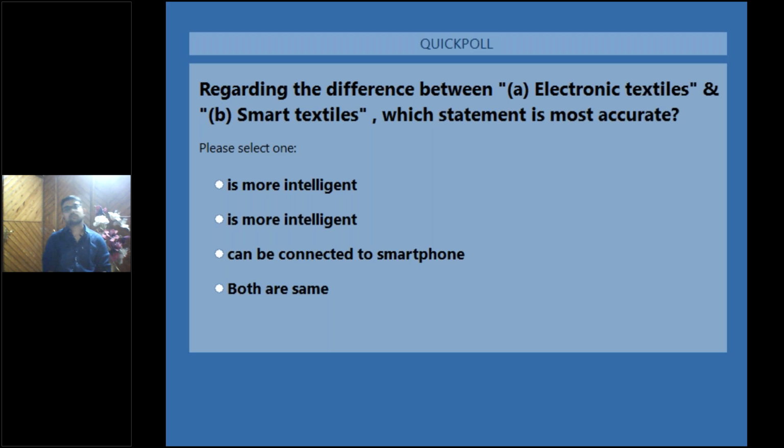Already 45 seconds and 45% voted. It has crossed 50%, reaching I think 55% now. So I'm now closing it.